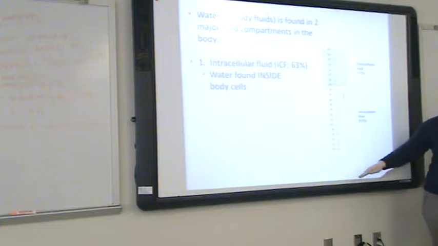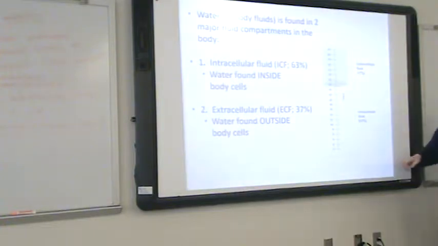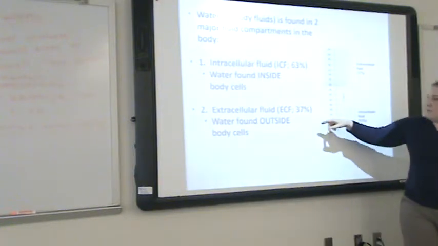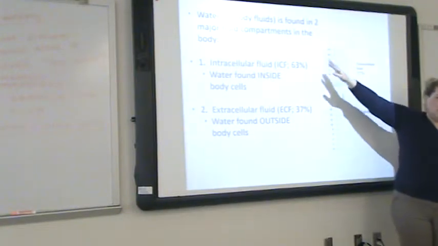So that's a compartment. The other compartment is the extracellular fluid, and that is water that's not contained within a cell. It's outside a cell, extracellular. That's abbreviated ECF, and these are roughly two-thirds, one-third overall.